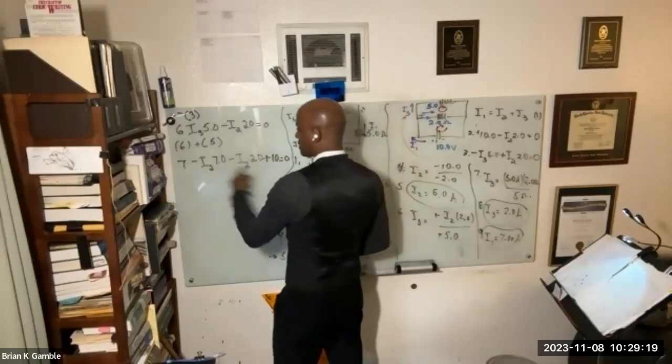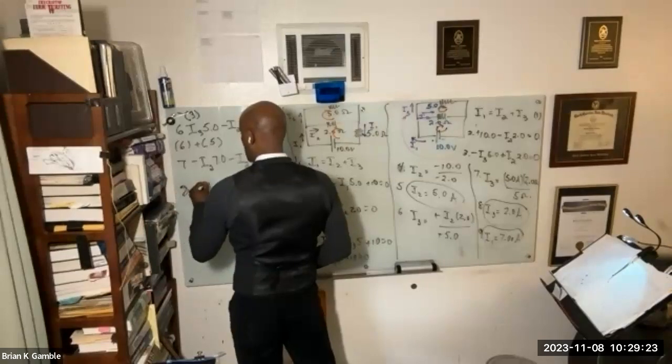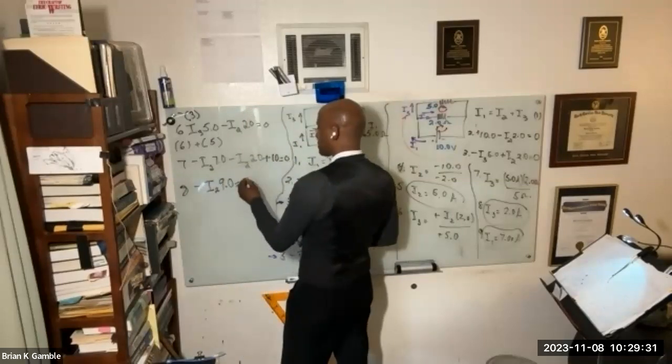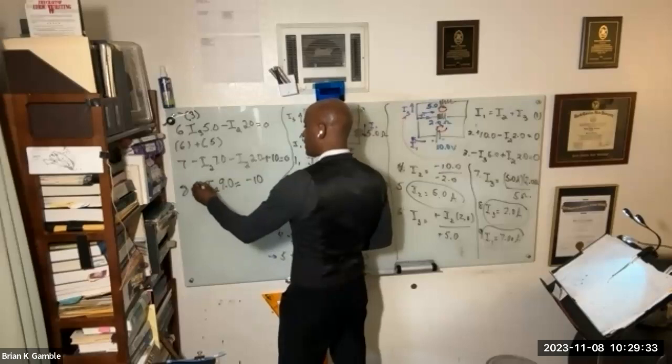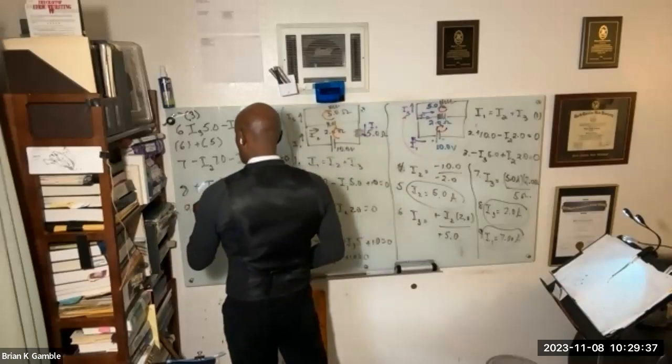So that's 9. So that's a minus I2 times 9.0 equals, if I take the 10 over, that's minus 10. And the minus signs cancel, and I have that I2 is equal to 10 ninths.